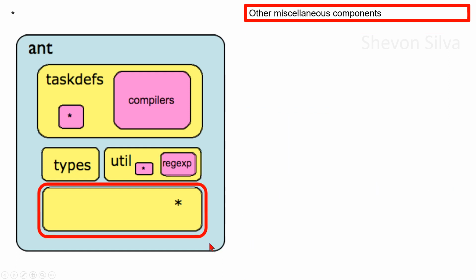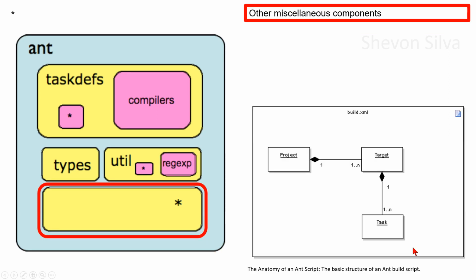Now we are focusing on other miscellaneous components. Here you can see the basic structure of an Ant build script. In the anatomy of an Ant script, a typical Ant script consists of a single build.xml file. The root element of the build script is the project tag.